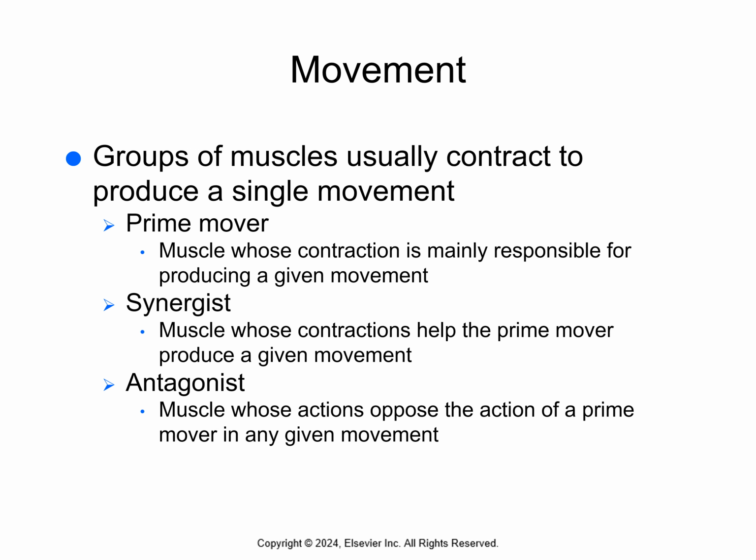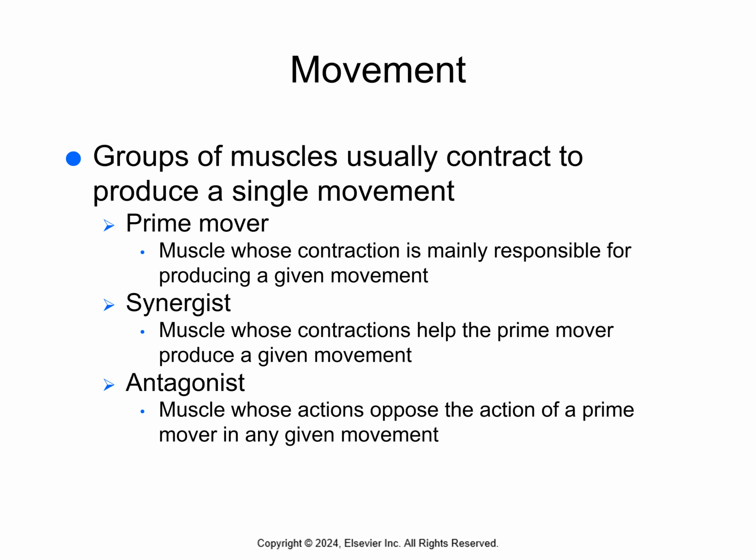But the synergist is the muscle whose contraction helps the primary mover produce the given movement, because any type of articulation takes many muscles, but the primary one is really the one responsible, but it needs a little help. So that's where it synergizes.